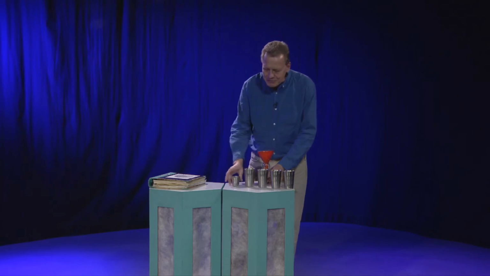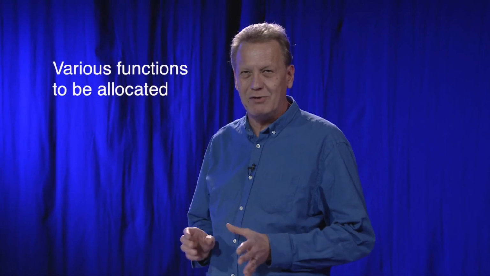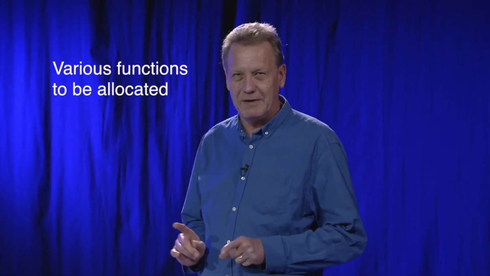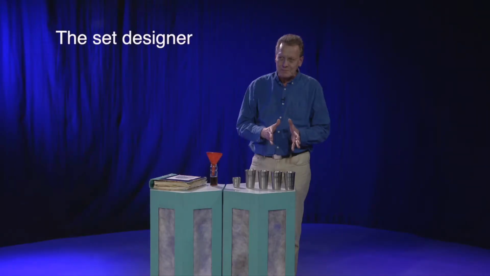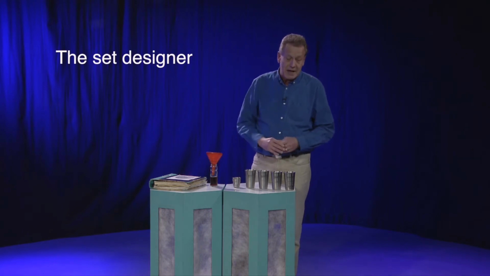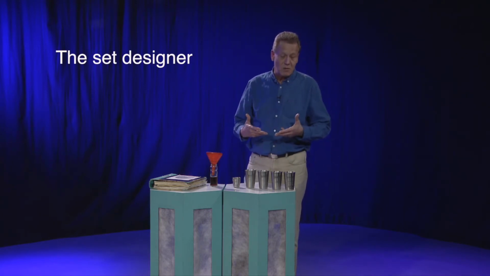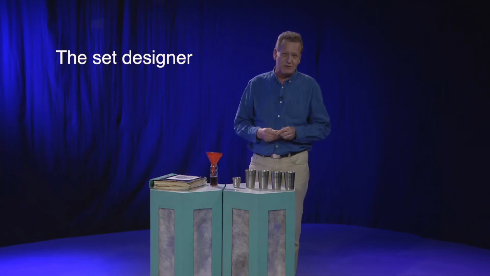That means the funnel. Just to remind you a little bit before we start going through the rehearsal techniques and how to investigate, we need to allocate some of the functions in theater. To produce theater, you need not only to have actors, you need to have someone in your group thinking about set design, and that means planning how the room will be for the actors to work in.